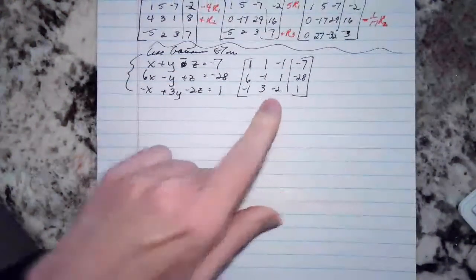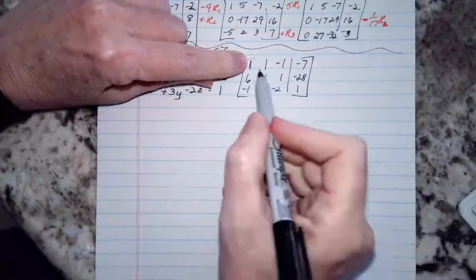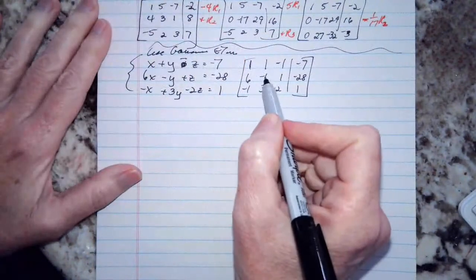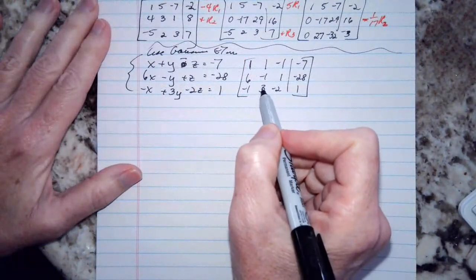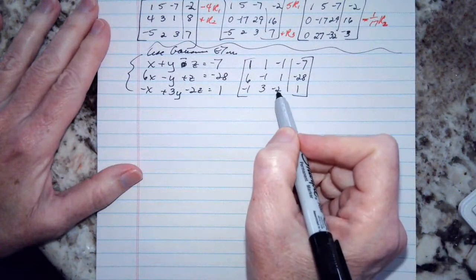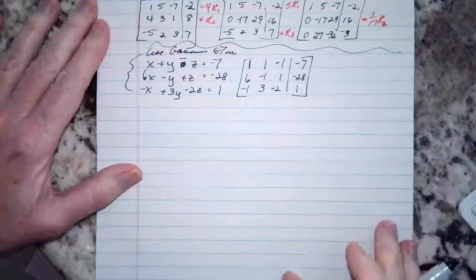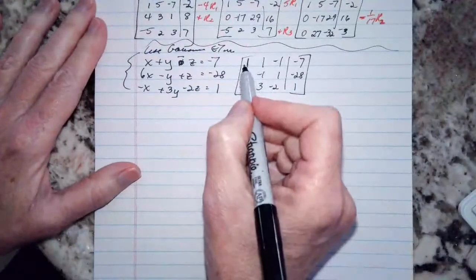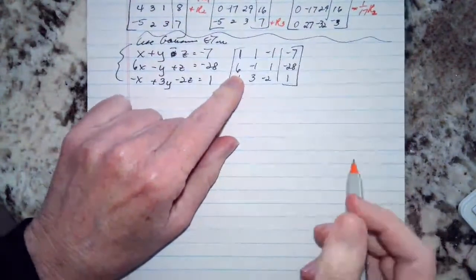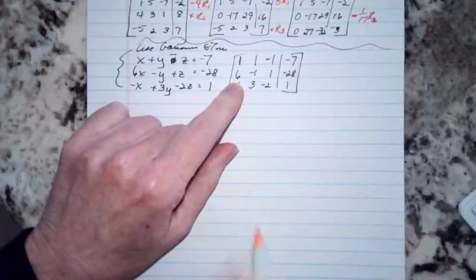Okay, so we've created this. We have a 1 here. Remember, our goal is to get 1, 0, 0. Then we'll scoot over on this column and go 1, 0. And then we'll finally scoot over on this column and make that a 1. And then the translation will be very simple with back substitution. So we've got a 1 here. Don't have to worry about that. Let's create a 0 here. So remember, a 0 is a 2-step process.